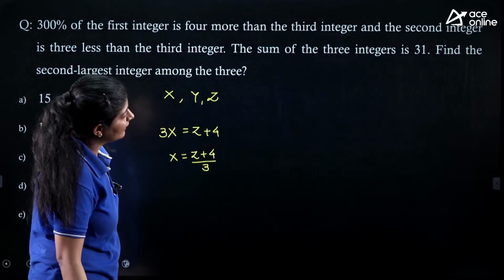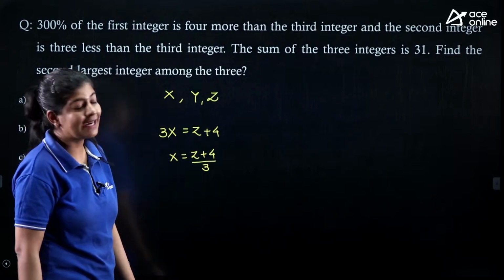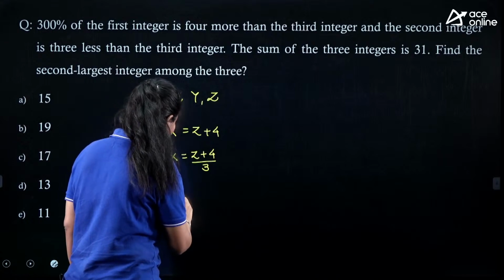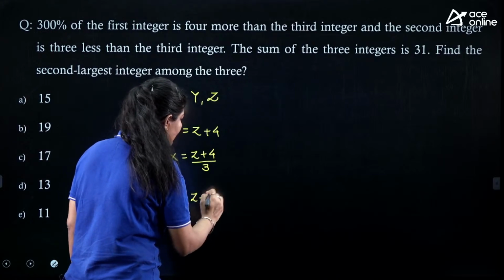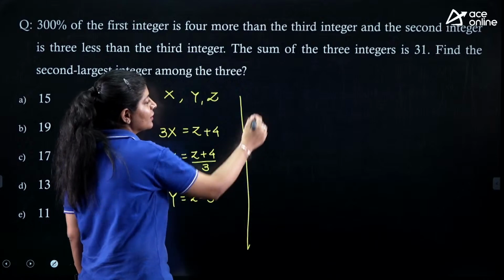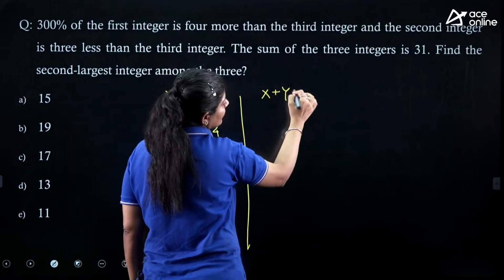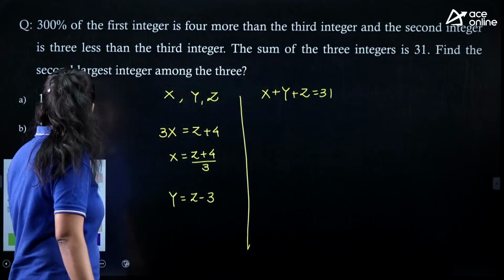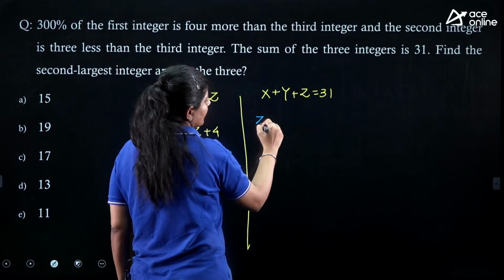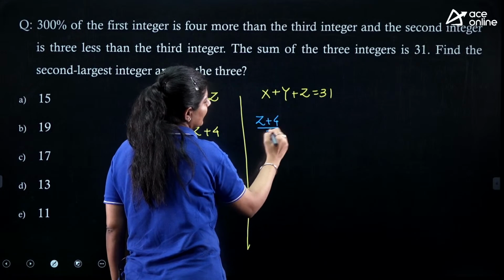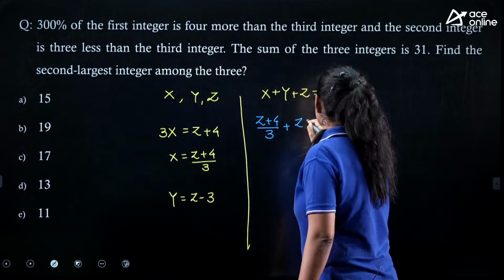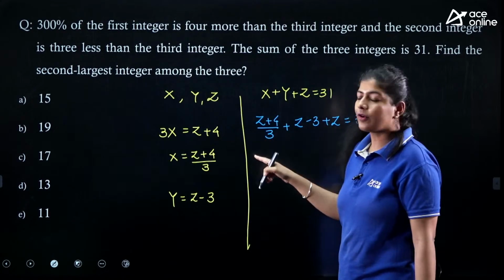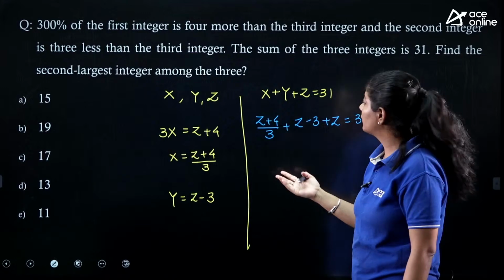Now the other relation says that the second integer is 3 less than the third integer, that means y equals z minus 3. And the question says x plus y plus z equals 31. So we can write it as z plus 4 by 3 plus z minus 3 plus z equals 31. From this, we just simply need to solve this equation.